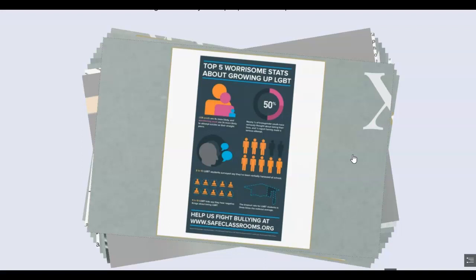Nearly 1/2 of transgender youth have seriously thought about taking their lives, and 1/4 report having made a serious attempt. 8 in 10 LGBT students surveyed say that they have been verbally harassed at school. 9 out of 10 LGBT kids say they hear negative things about being LGBT. The dropout rate for LGBT students is 3 times the national average.